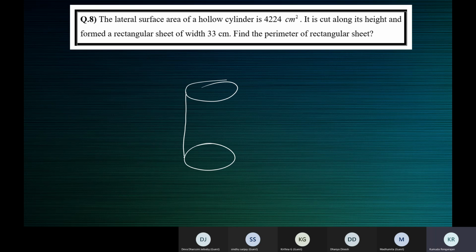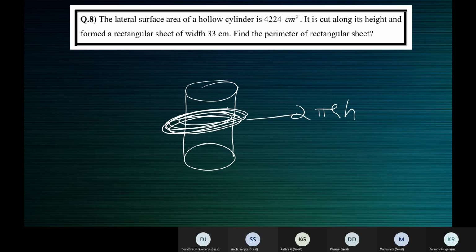So where will you paint? You can't paint there, it's open. You'll paint only the CSA, so 2 pi RH.